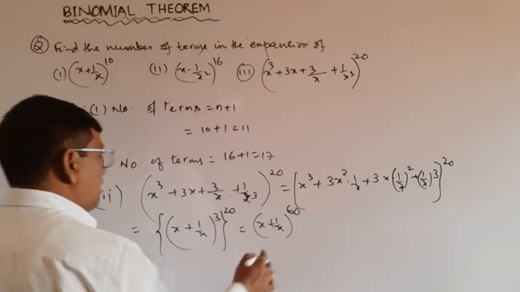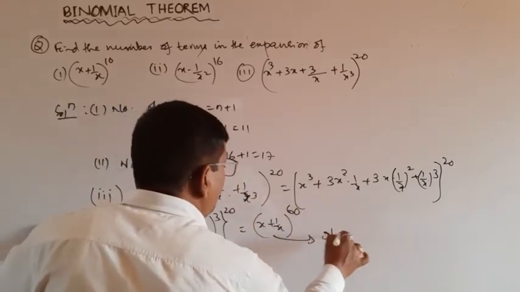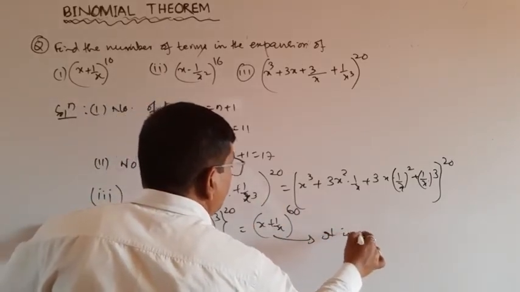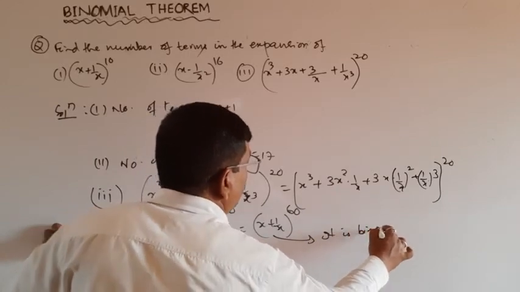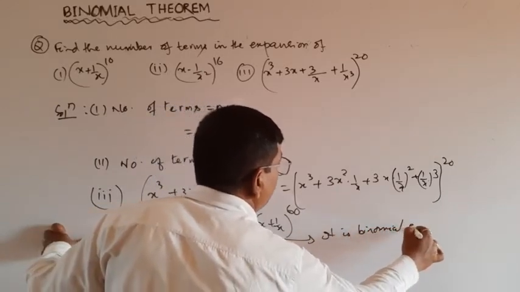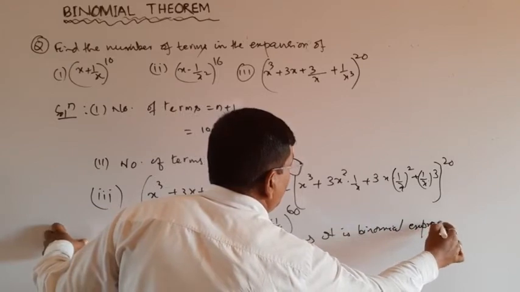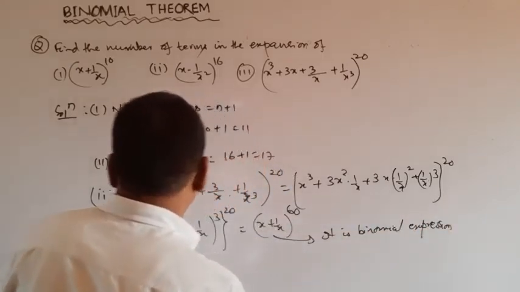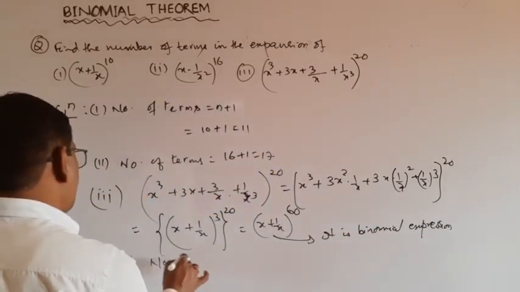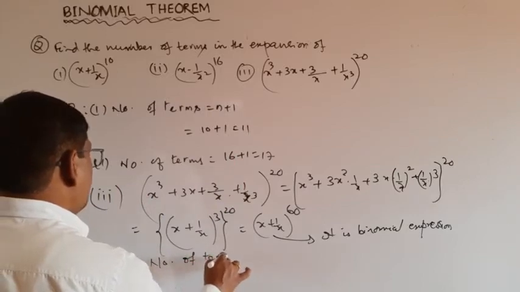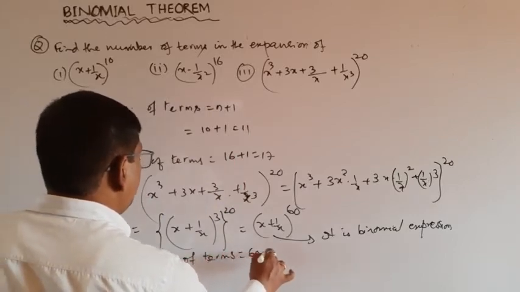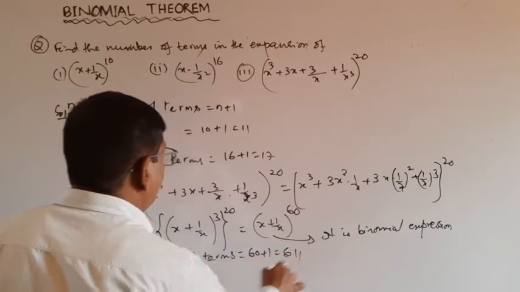Therefore it is a binomial expression. Therefore number of terms is equal to 60 plus 1, that is 61.